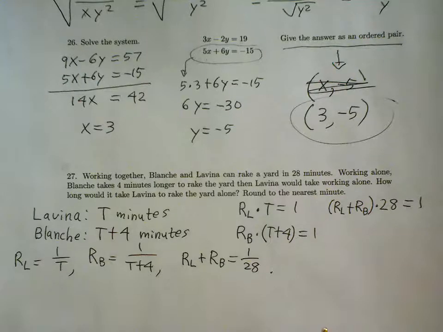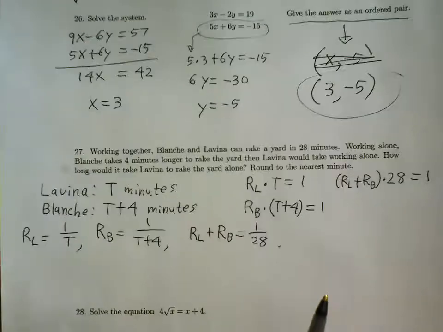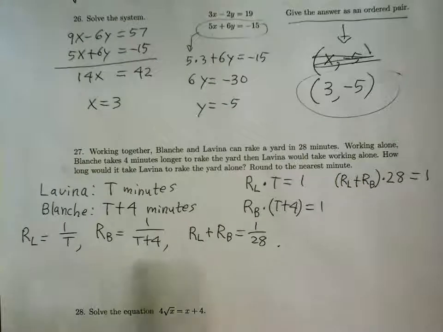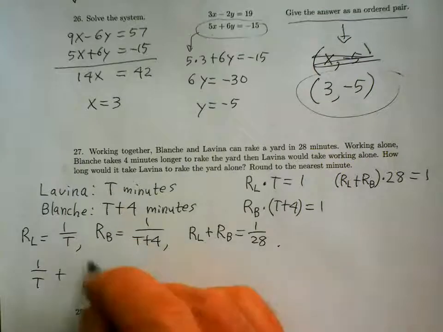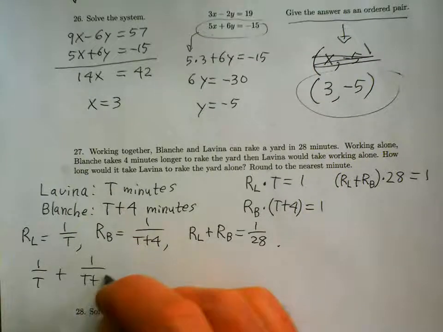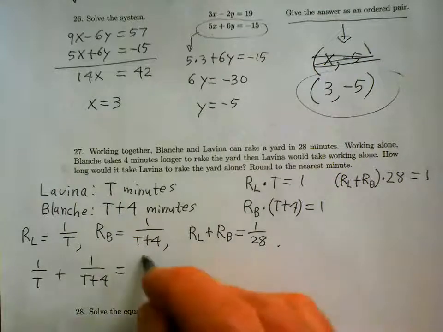Okay, in the next step, we will finally get our equation whose only variable is T. So Lavina's rate is 1 over T plus Blanche's rate 1 over T plus 4. And they add up to 1 over 28.